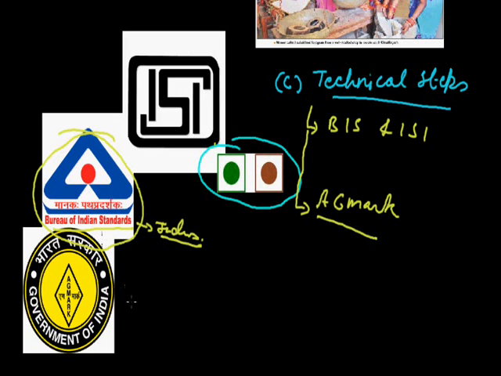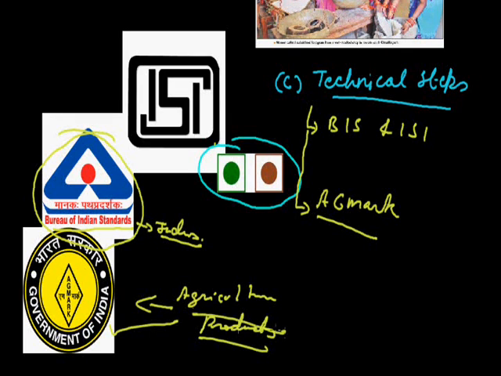This egg mark, as you can see here, is given to all the agriculture products, to show whether they are coming under the specified standard given by government or not. If not, then the Ministry of Agriculture is responsible for that.